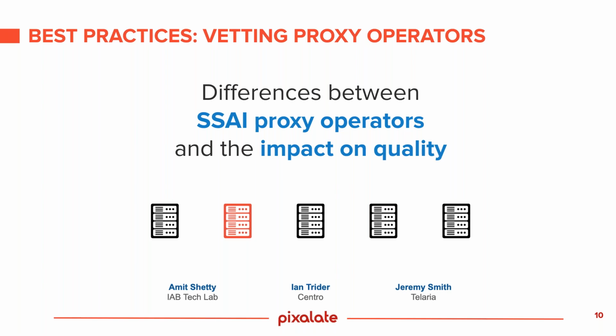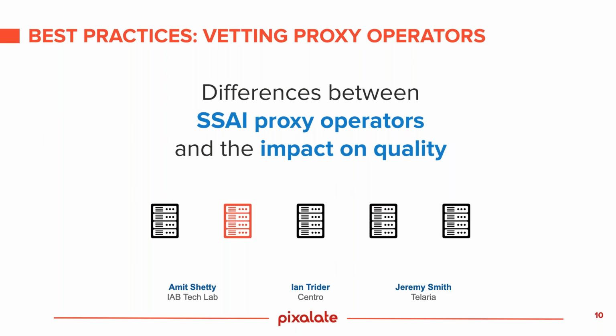Let's say we remove all of the indirect sales out of the equation, and we know that we're getting the supply directly from the publisher via a good quality exchange. There's still a concern that an evil publisher could simply generate some extra fake traffic, and that's difficult to distinguish in an SSAI environment. And I think that's a bigger risk when the publisher operates their own technology for SSAI.